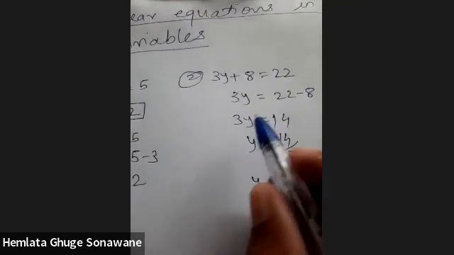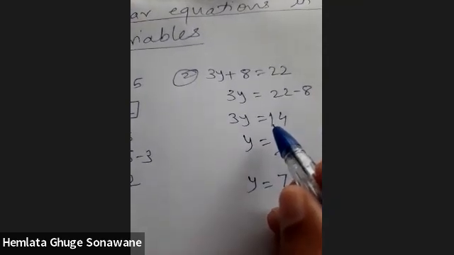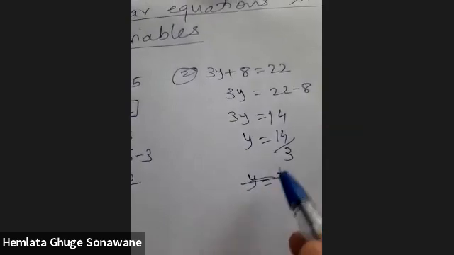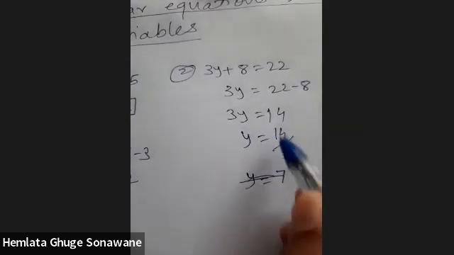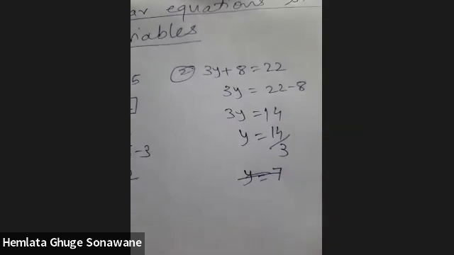Sorry. 22 minus 8 is 14. Y is equal to 14 upon 3. We cannot divide it. Okay. This is not 2. I thought it's 2.